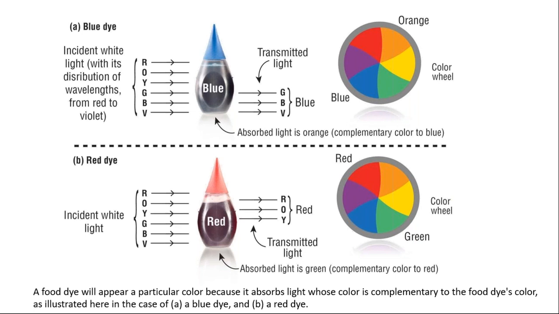So for example, a blue color is what you see when all the orange in the light, that is in the electromagnetic spectrum, is absorbed. Similarly, when all the green light is absorbed, what you see is a red color. So this is what is known as complementary color, and I have just put this to make you recollect what we discussed on the pigments and the colors.